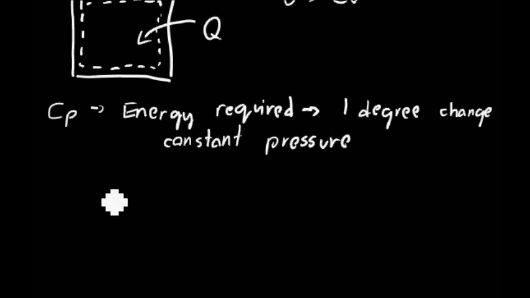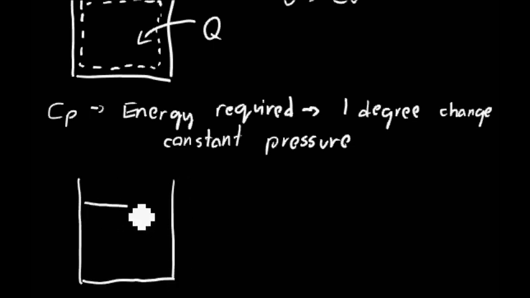So to follow what we did in the previous one, let's say we have a system and we have a piston.